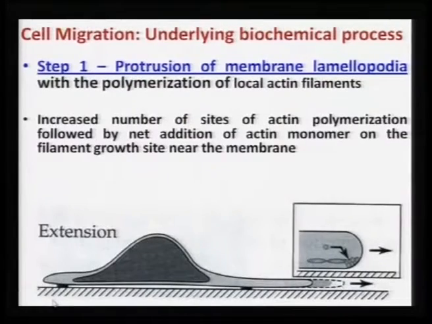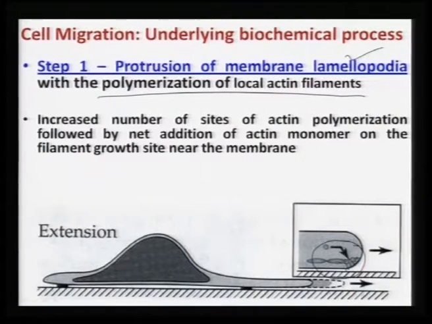This is a more detailed description of the individual steps. Step 1 is the protrusion of the membrane, the lamellipodia, and that takes place with the polymerization of the local actin filaments. These are monomer units of the actin filament.